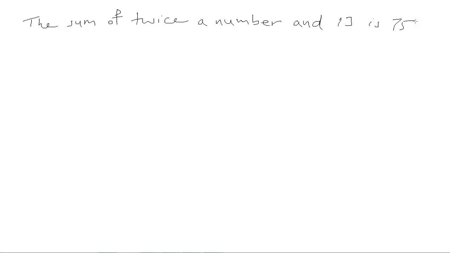For example, you may have: the sum of twice a number and 13 is 75. Find the number.